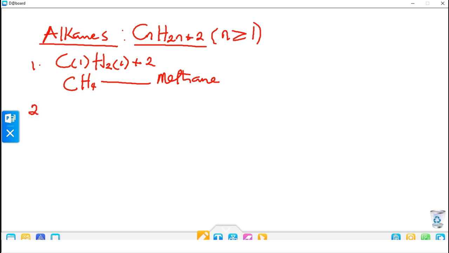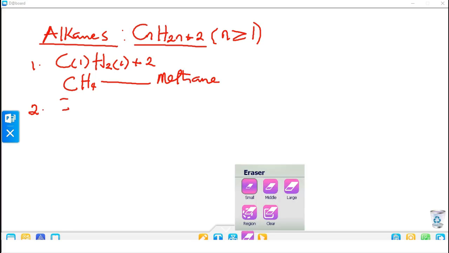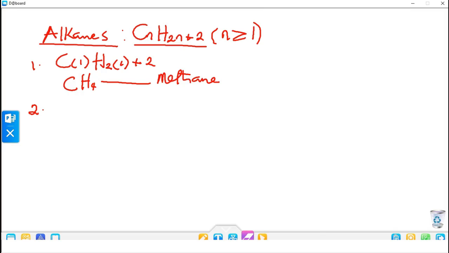The next member, let's assume we don't know the formula and we are told to find the formula of the second member of the alkane family. Since we are talking about the second member in the family, this is what will be done.